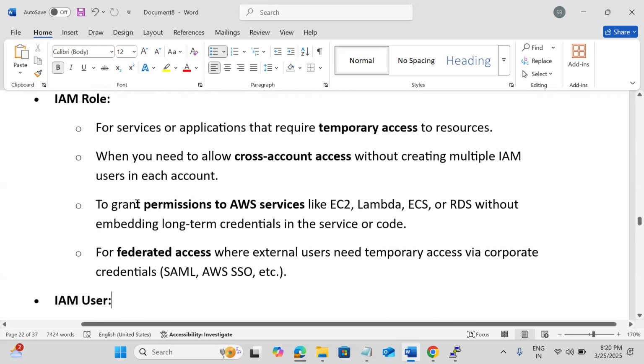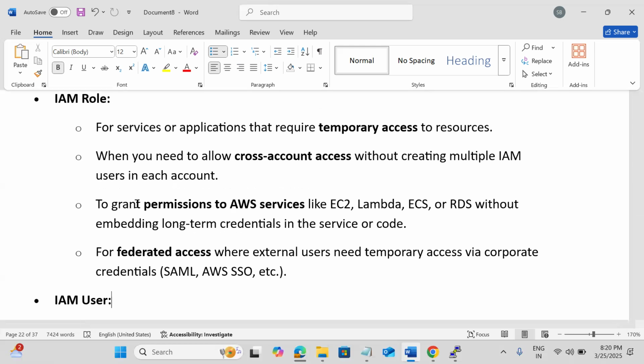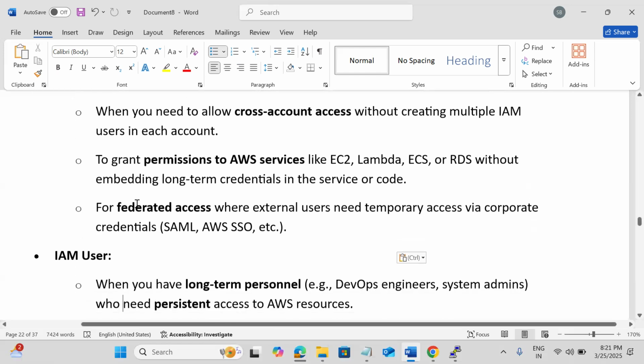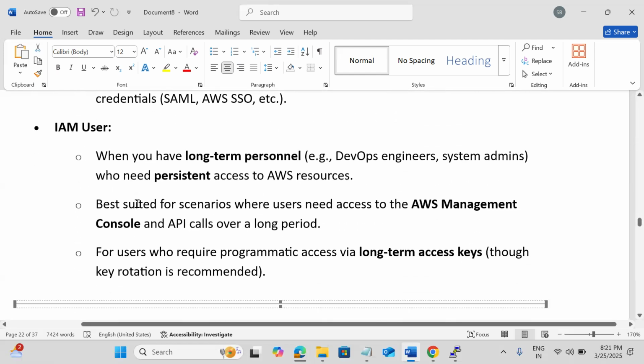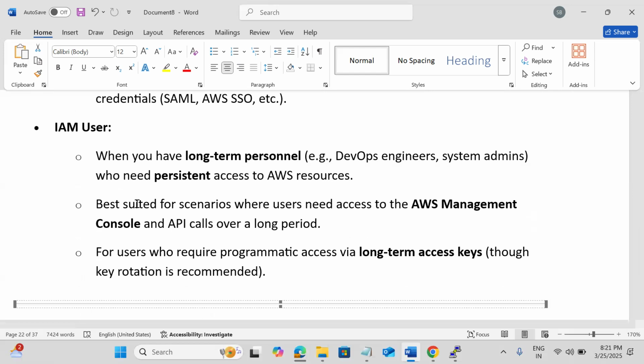Roles are for temporary or cross-account access, instead of hard coding credentials for AWS services, or for federated access when external applications or external application users want to access. For our internal employees, like QA engineers, DevOps engineers, and developers, we give IAM users.